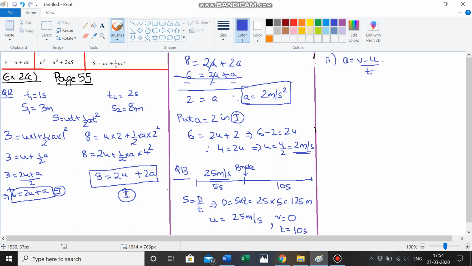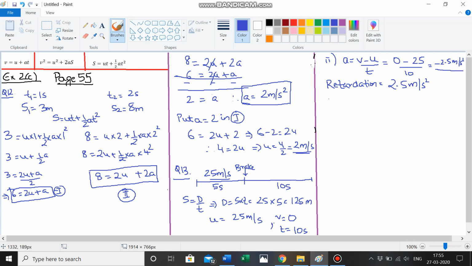So this will be equal to 0 minus 25 upon 10, which is equal to negative 2.5 meter per second square. Since the question is asking me for retardation, I will write the answer as retardation is equal to, not negative, retardation will be 2.5 meter per second square. But if I have to write it as acceleration, it will be negative 2.5 meter per second square.